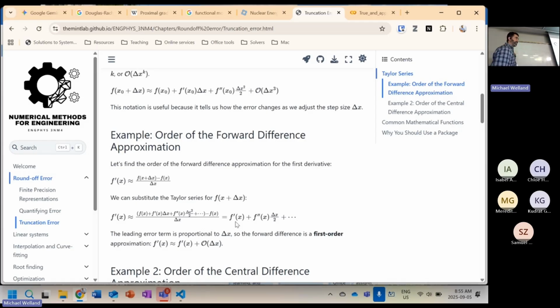Take this delta x and divide through everywhere. f prime at x equals f at x plus delta x minus f at x over delta x, and here's the tricky part, minus f double prime over 2 delta x and so on, because this term ended up getting divided through by delta x. Does that make sense?